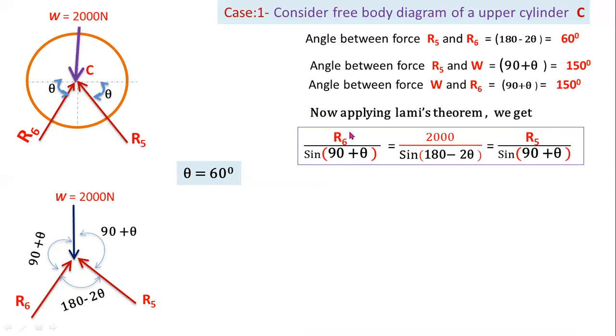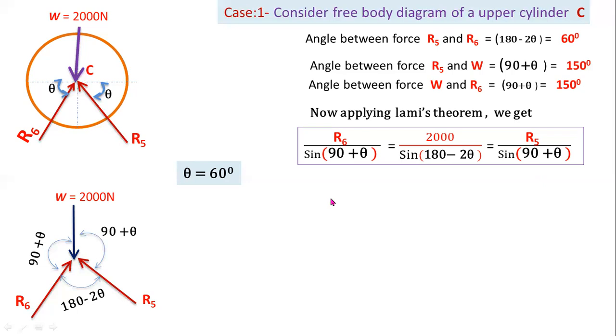Force is directly proportional to the sine of the angle between the other 2 forces. So here the force is R6 and the opposite angle is 90 plus theta, so R6 divided by sine of 90 plus theta. In a similar way, force 2000 newtons divided by sine of the opposite angle, 180 minus 2 theta. And the third force is R5, R5 divided by sine 90 plus theta.